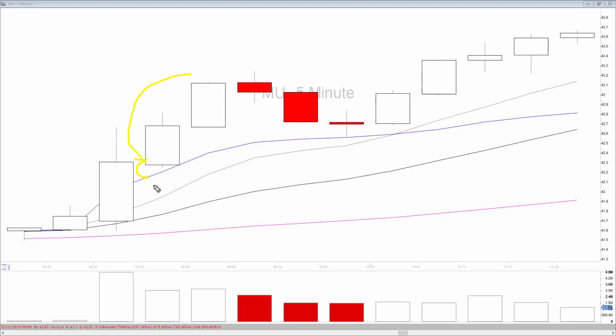Now, in the same chart, we can see another strategy. We've got an A, a B, a C, and then a D up here. And remember, this is not to teach you about strategies right now. It is a reminder that you need to learn strategies, have your setups, and only trade your setups where the risk to reward is clear.